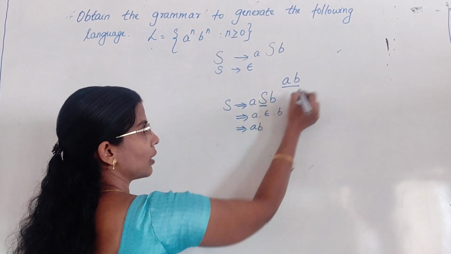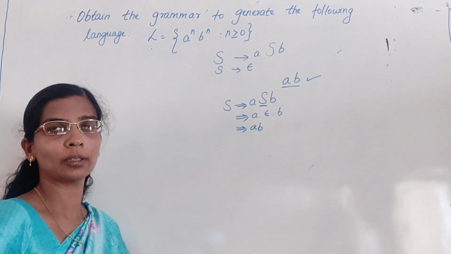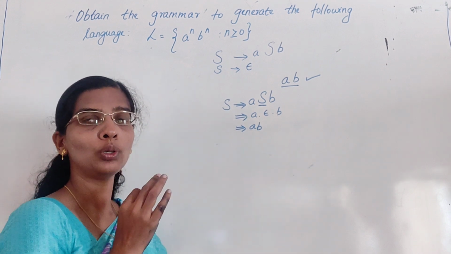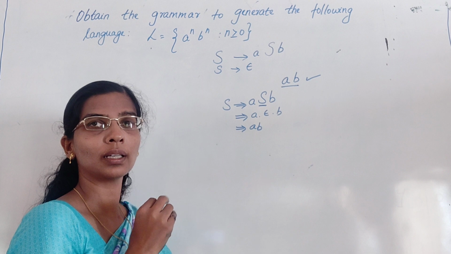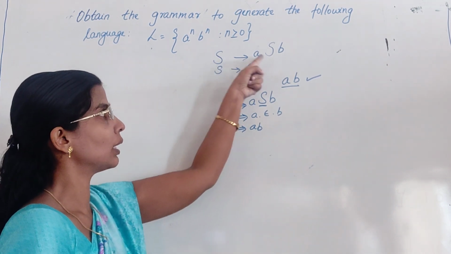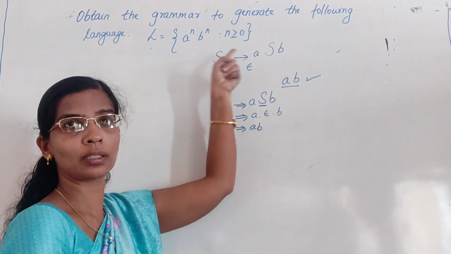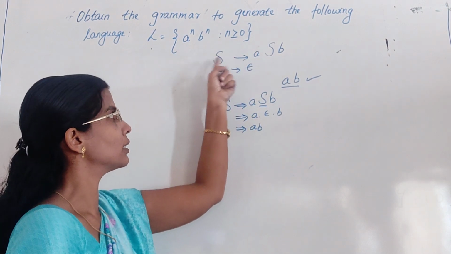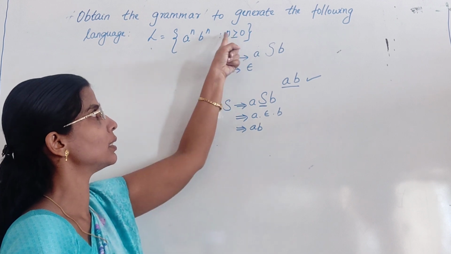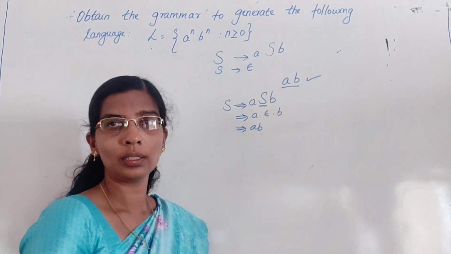I'll get the string required, ab. So if no non-terminals, that is, if no grammar is given, you can directly write your productions like this: S tends to a S b, and S tends to epsilon since n is greater than or equal to 0.